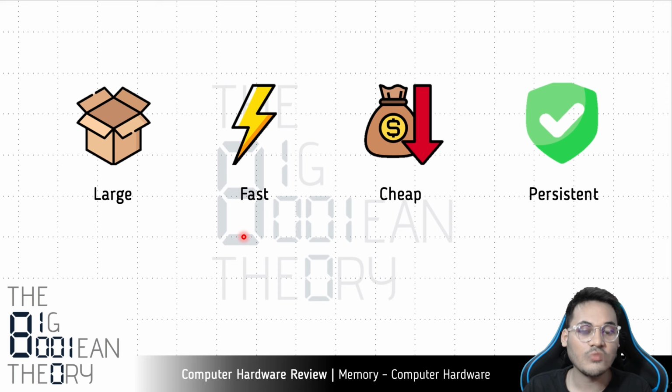Next, there is also a trade-off between speed and cost, because to manufacture memories with very high speed, we use sophisticated technology, and when you use that kind of technology, the cost to manufacture goes up. Take the example of registers. Registers are the fastest form of memory, and they have been designed to support the execution of instructions by the CPU.